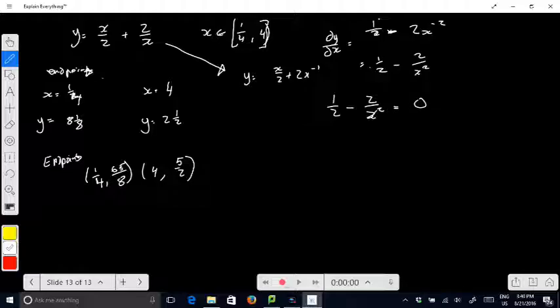If I solve that, I get plus or minus 2. And I want x equals 2 because my x values are between my quarter and 4.